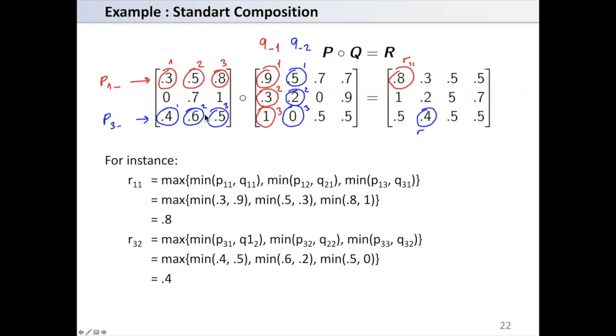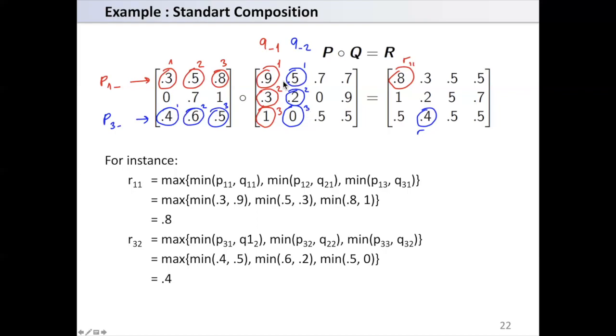So consider this one. We are considering P31, 32, and 33. Meanwhile, we are considering Q12, 22, and 32.